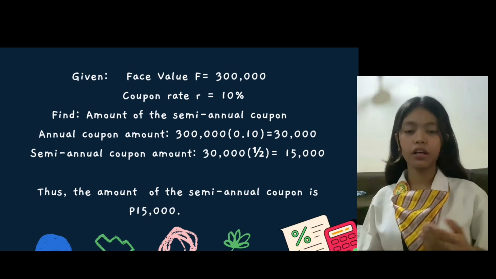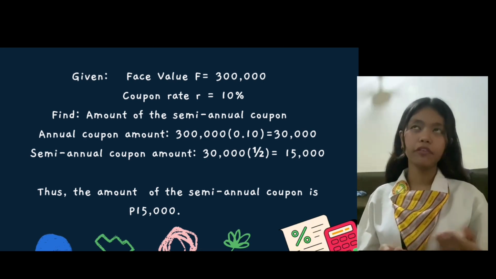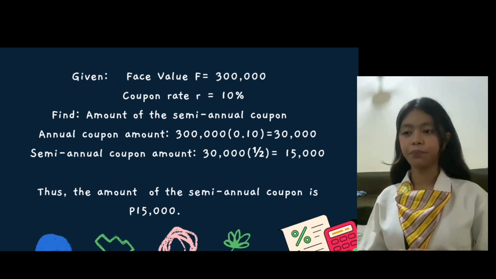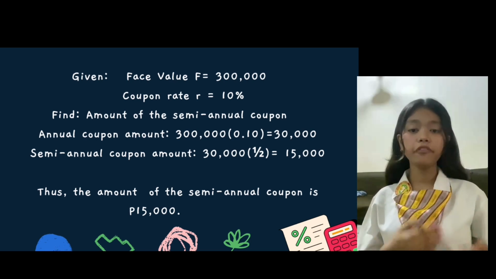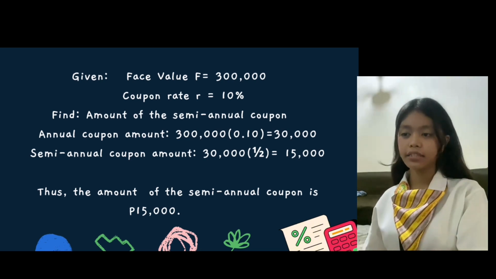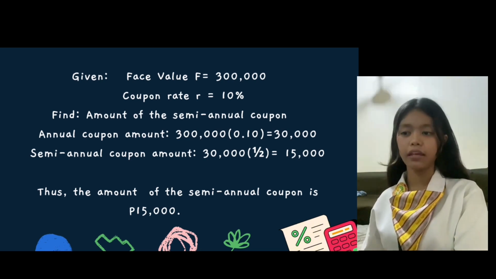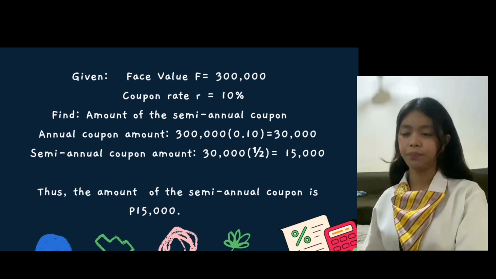You can try it on your calculator to see if you really understand the lesson. The annual coupon amount is 30,000, and we multiply it by 1/2, which is equal to 15,000. Thus, the amount of the semi-annual coupon is 15,000.